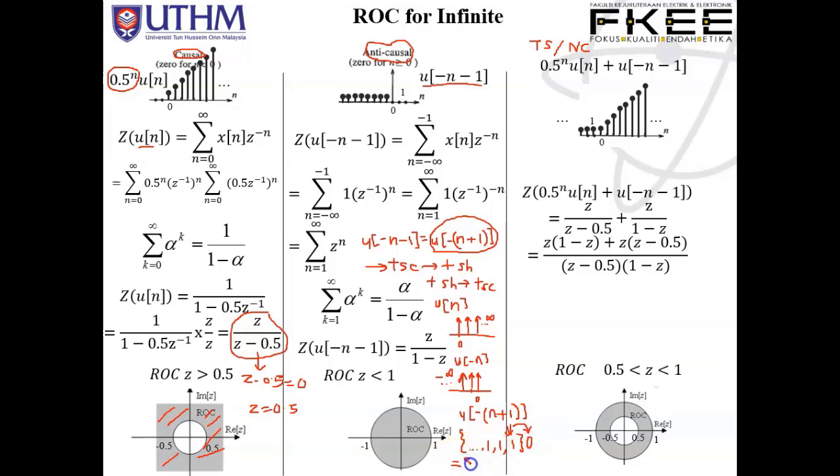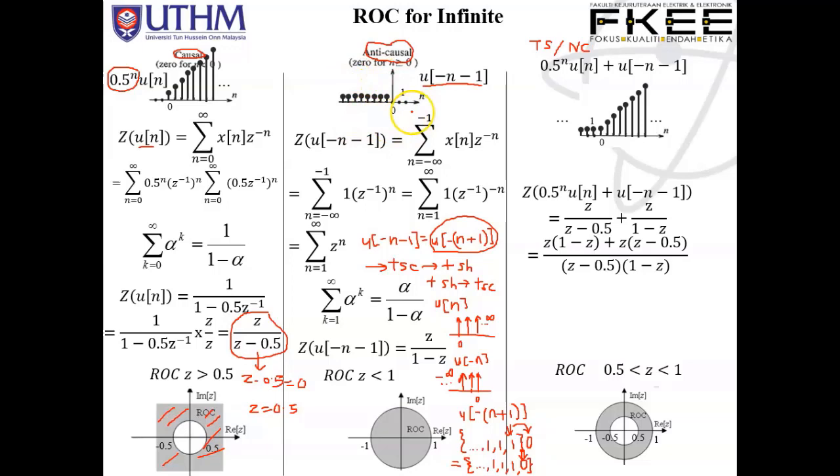So the new signal will be from negative infinity with an amplitude of 1, until at n equals 0, I have the value of 0. So this is the new location of my marker.